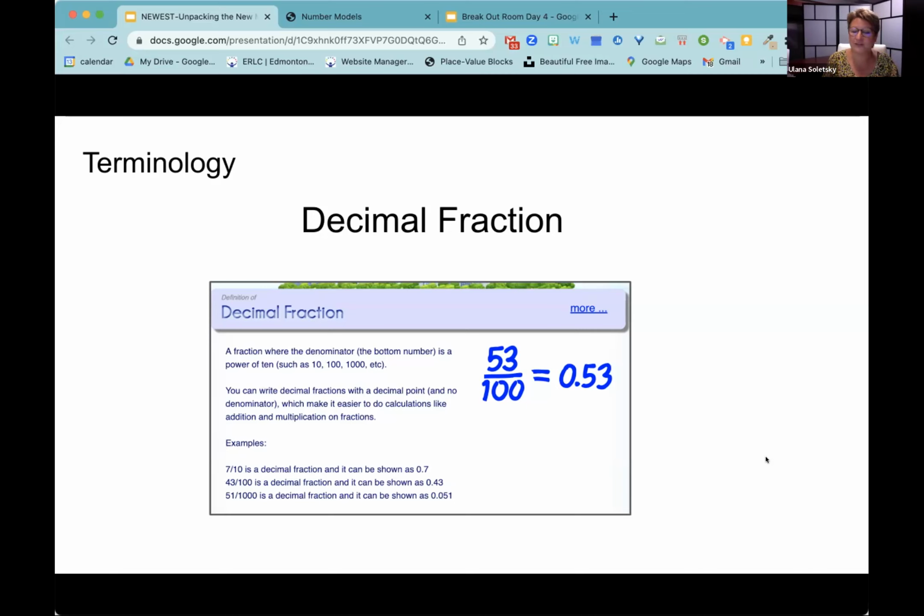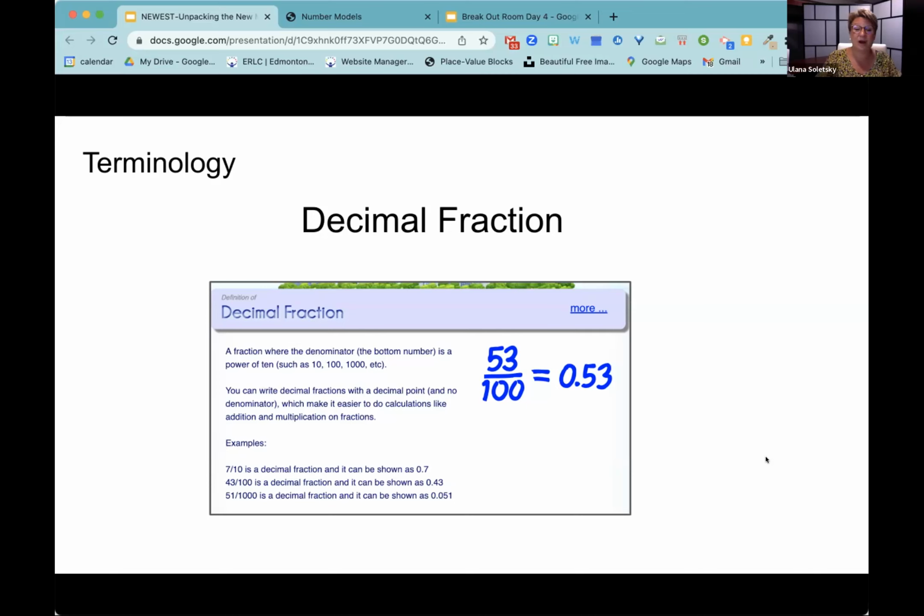So when I say 53 hundredths, I should be able to see that that number can be written immediately as a fraction or as a decimal. And also when I'm saying that decimal, 0.53, please don't say it that way. That again is a positional reading. So for example, if I have the number 53, I don't say 5 before 3 or 3 after 5. I say 53.